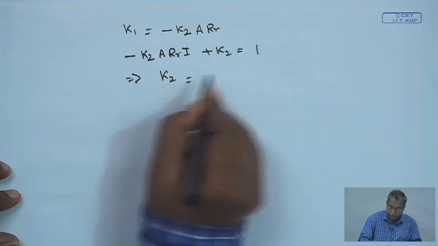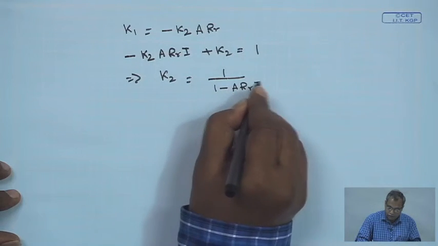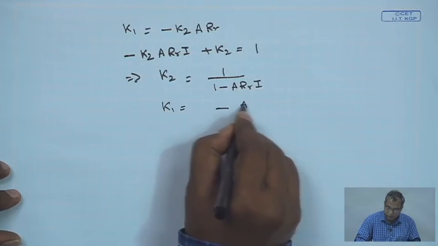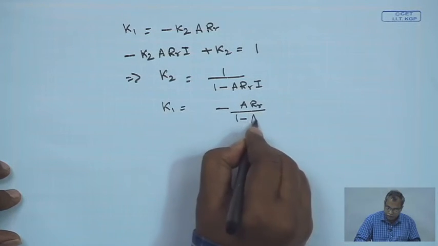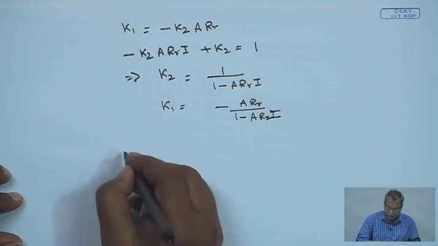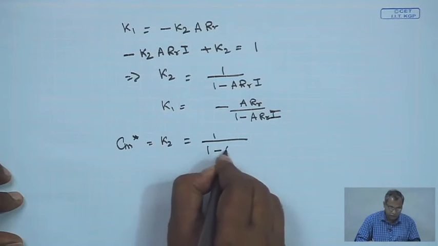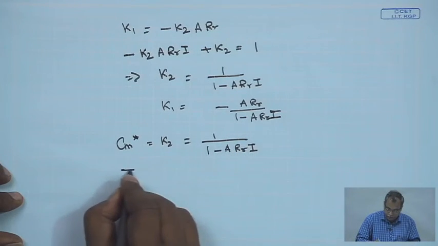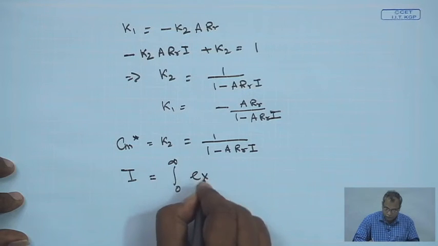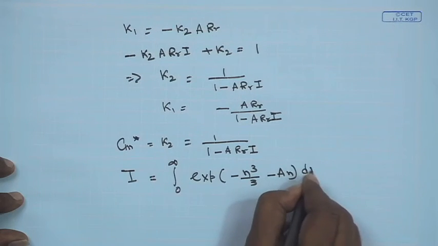So, k 2 becomes 1 over 1 minus a R r I, and k 1 becomes minus a R r divided by 1 minus a R r I. What we now require is that C m star is equal to nothing but k 2, and this k 2 is equal to 1 divided by 1 minus a R r I, where the integral I is from 0 to infinity of exponential of minus eta cube by 3 minus a eta, d eta.